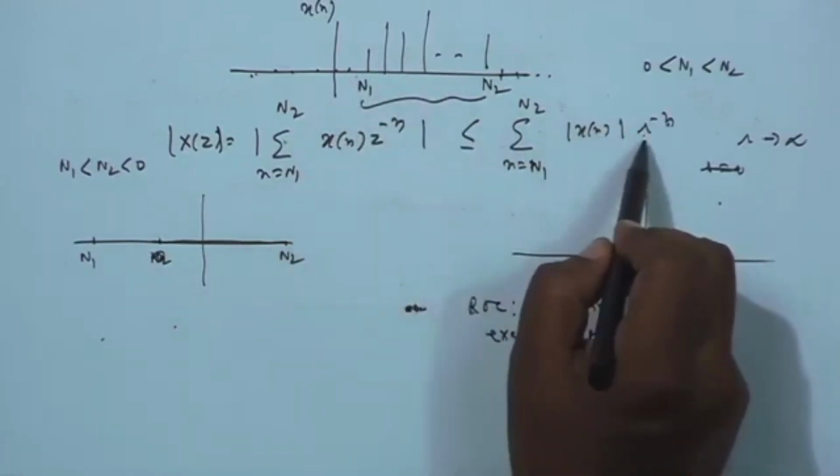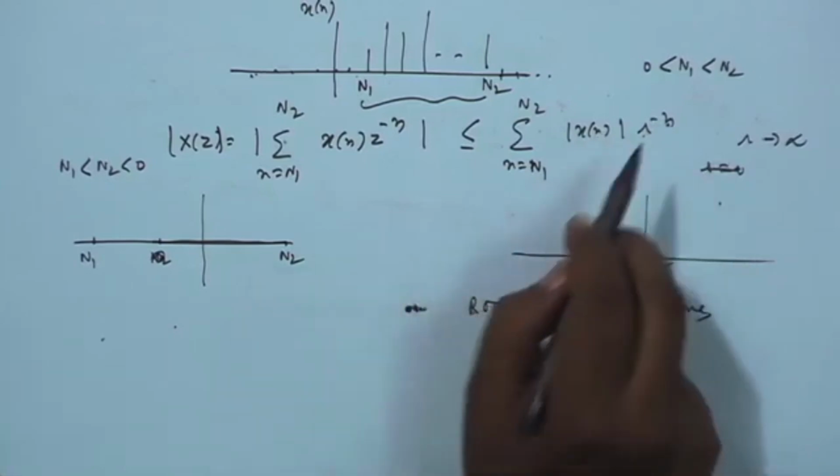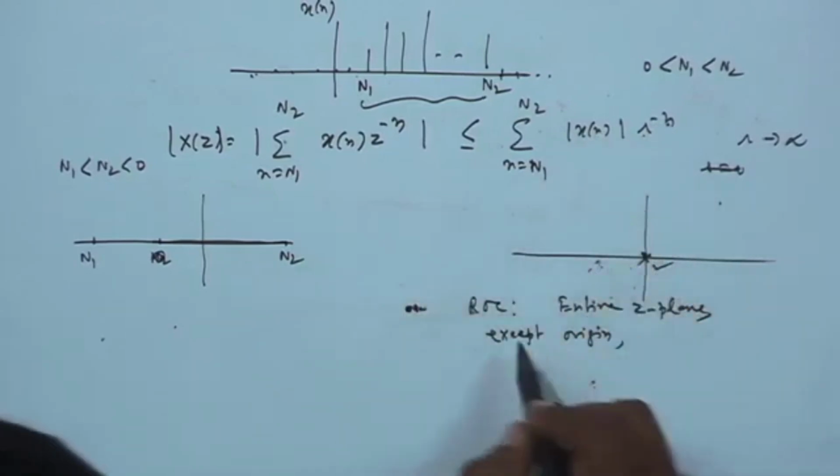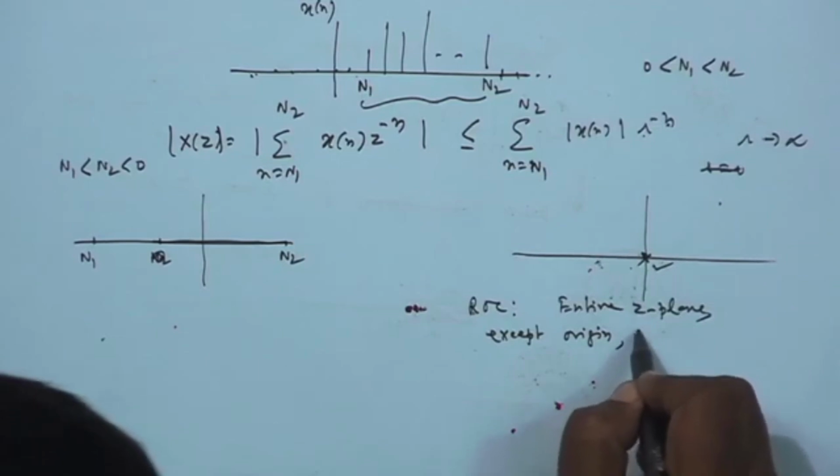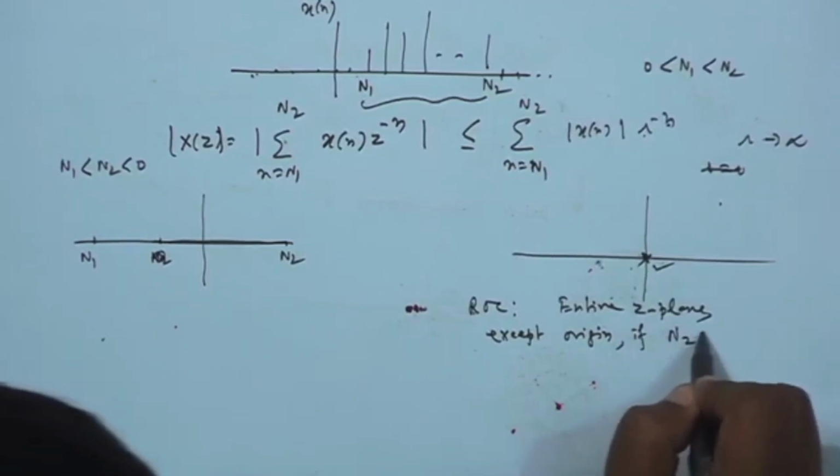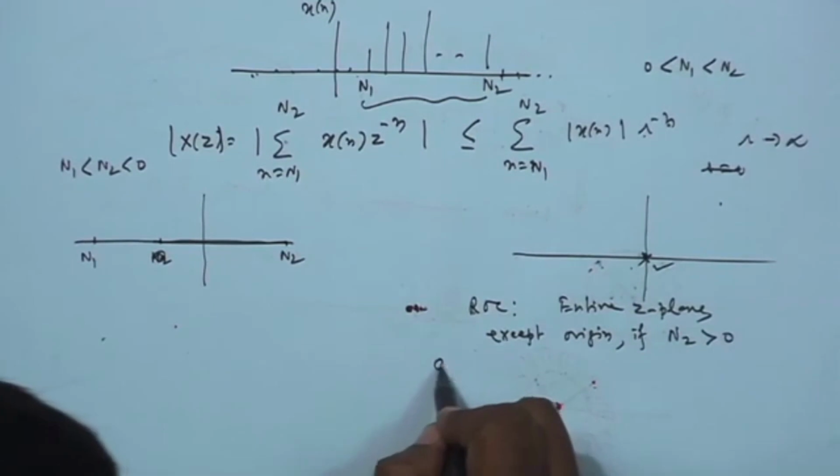So, minus n will be negative. So, there will be some negative powers of r, which means r equal to 0 will be ruled out. So, that means except the origin if n2 is greater than 0.